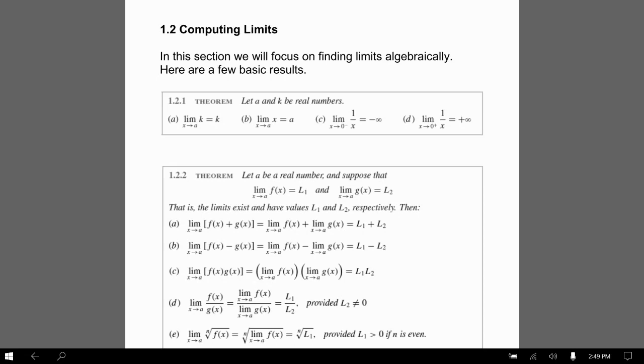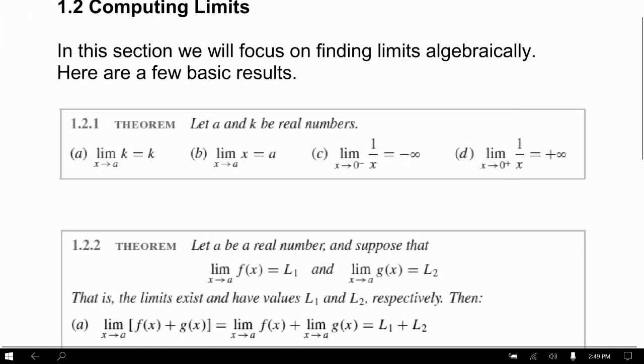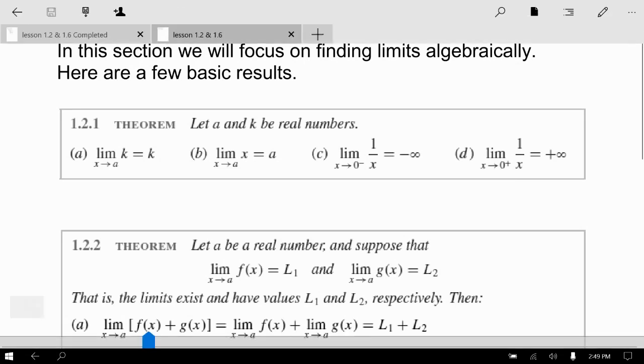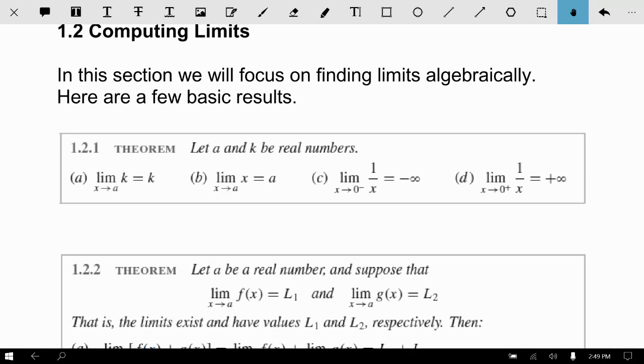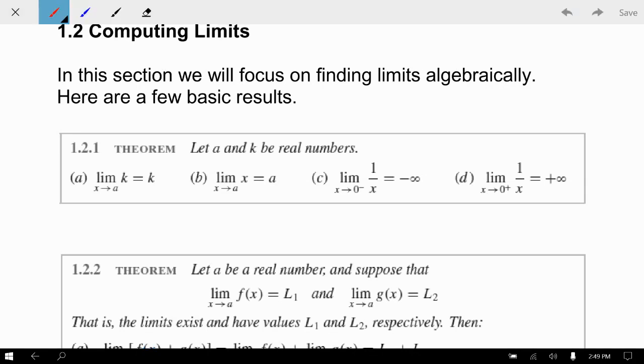So to start with here, we've got some basic ideas that I want to make sure everybody's clear about. The first part of this is to talk a little bit about just some really basic limits that everybody should know. The first one here, if we take the limit of a constant function, we're going to get a constant value.